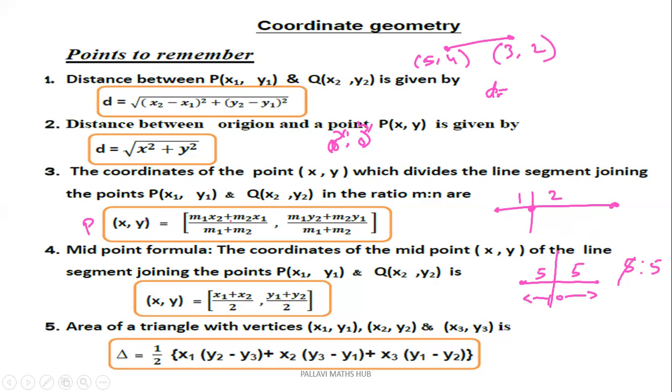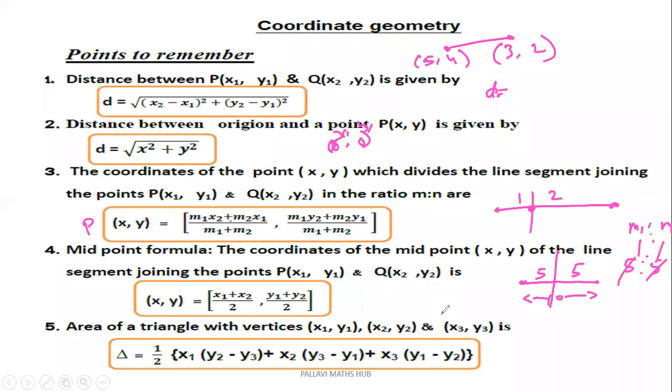Ratio m1 is to m2 is 1:1. So m1 becomes 1, m2 becomes 1. 1 plus 1 is 2, here also 1 plus 1 is 2. 1 into x2 is x2, 1 into x1 is x1. So directly you can write (x1 plus x2) divided by 2, comma (y1 plus y2) divided by 2.